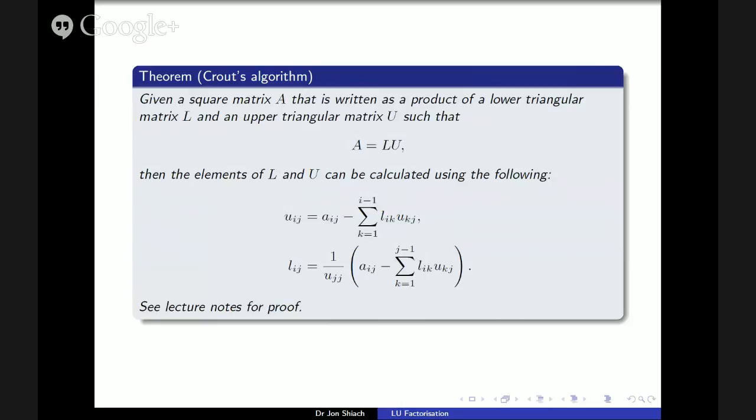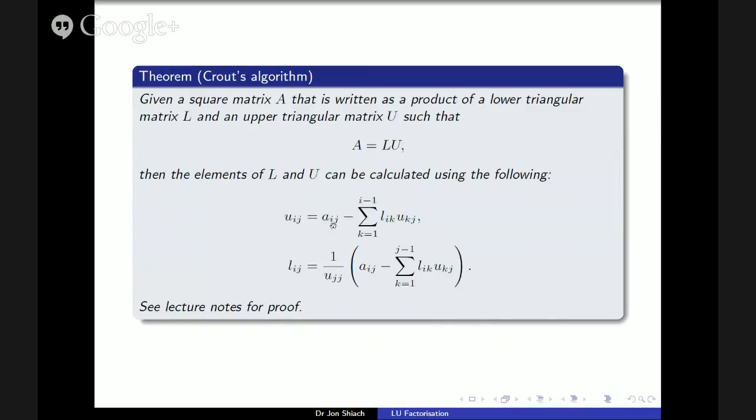Okay, so there is an algorithm which can calculate LU factorization, and it's called Crout's algorithm. Now, I've given you the derivation in the notes, so I'm not going to go through that. But essentially, what you do is you go down each column at a time. And for the upper triangular elements, you calculate this.